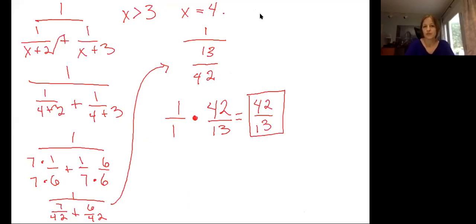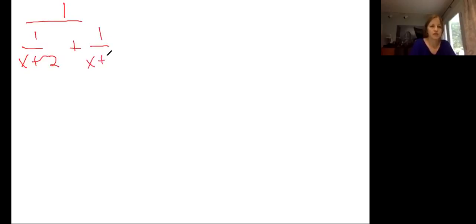So, same idea, except now we're using algebra. And now we're going to get straight to the answer. So we have 1 over x plus 2 plus 1 over x plus 3.